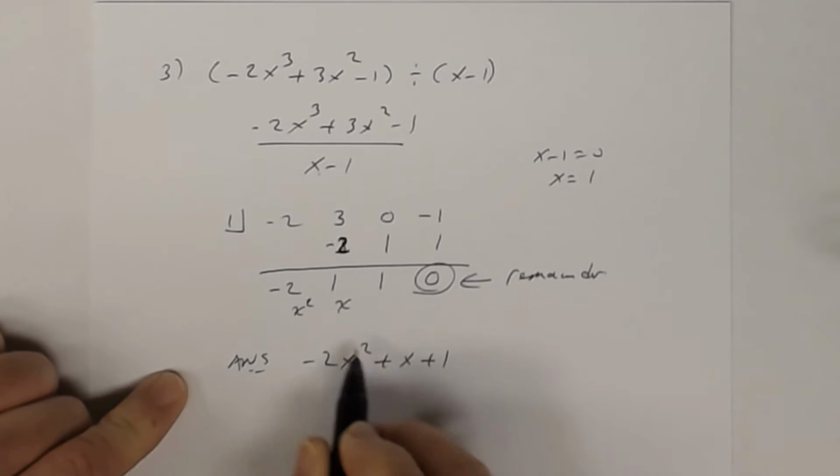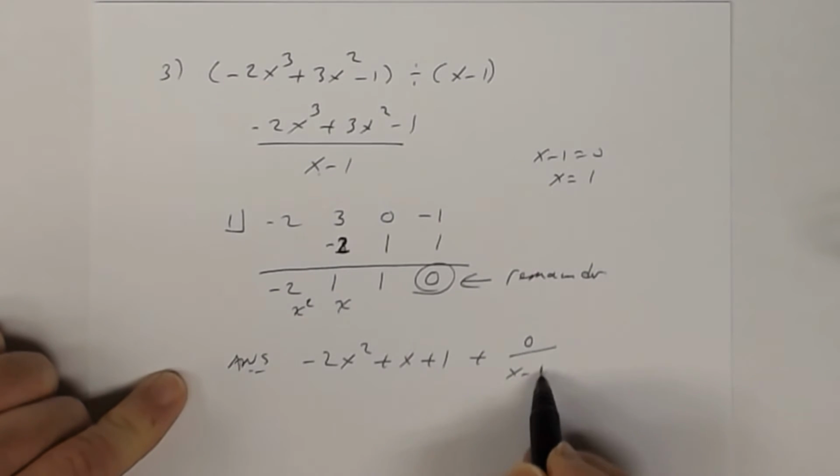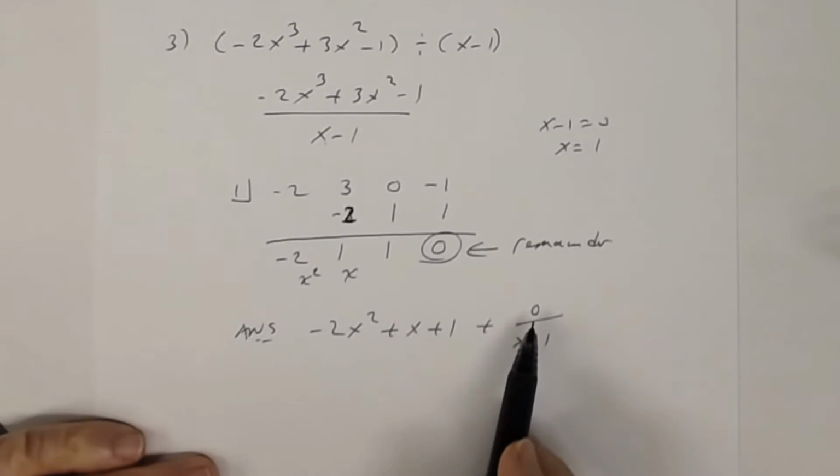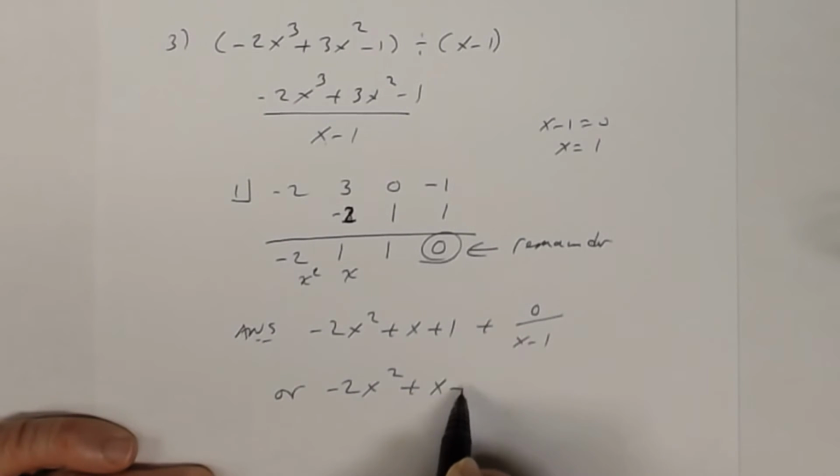There's your quotient. Plus the remainder divided by the divisor. Now, since the remainder is 0, 0 divided by x minus 1 is 0, and 0 plus this polynomial is still this polynomial. So you could have just said -2x squared plus x plus 1.